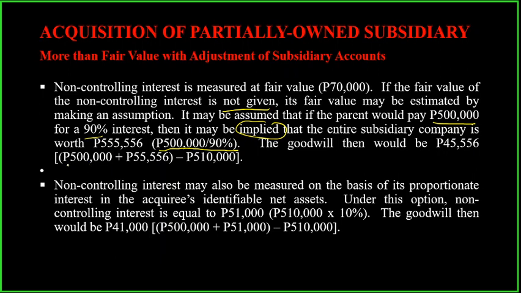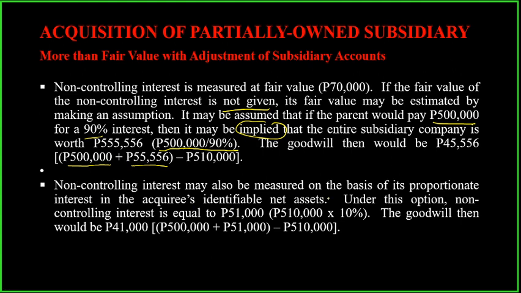Okay, so you have the parent's acquisition cost plus the fair market value of the non-controlling interest minus the total fair market value of the subsidiary. Not the fair market value of net assets acquired, but the fair market value of the subsidiary. Yes, you are now confused, but wait, there's more.